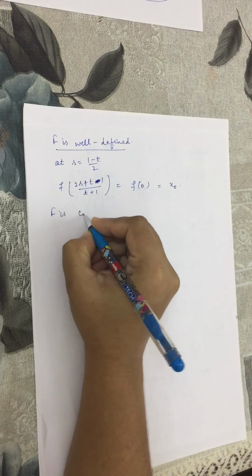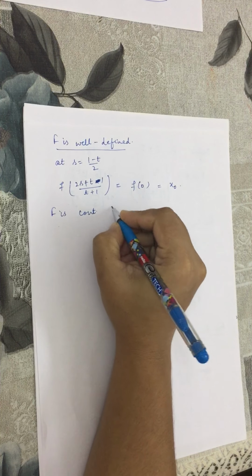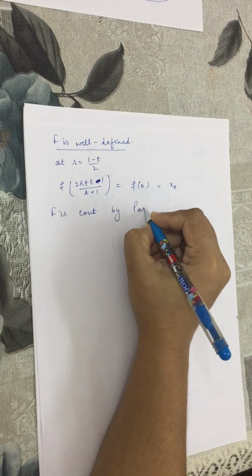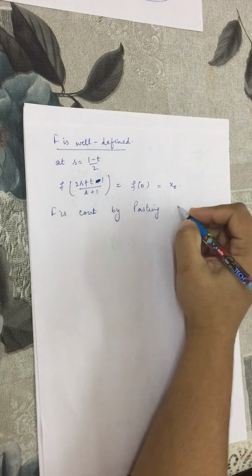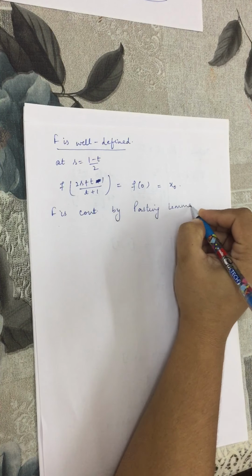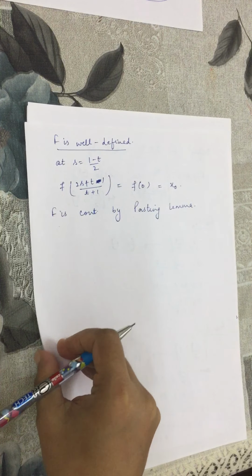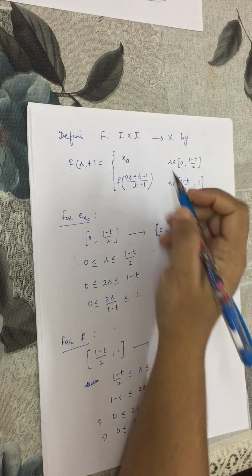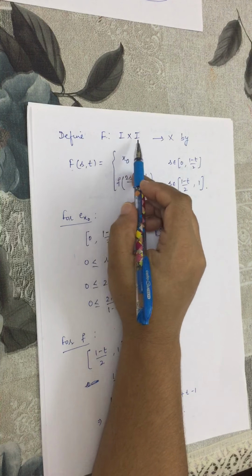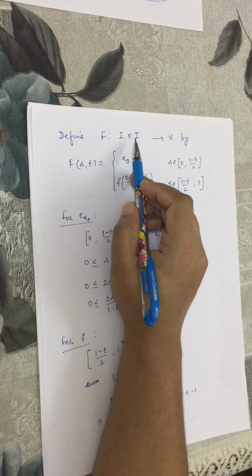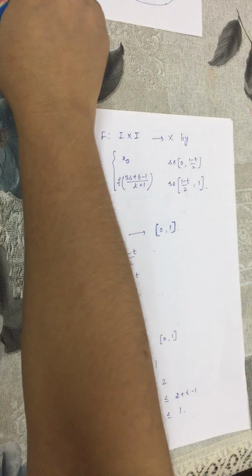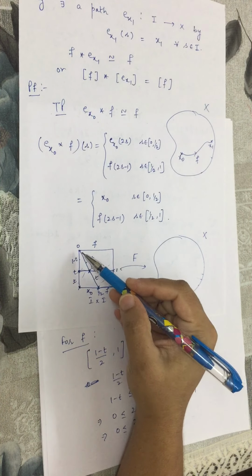Similarly, F is continuous by the pasting lemma. Because the domain of F, which is I cross I, is split into two parts, these two portions.